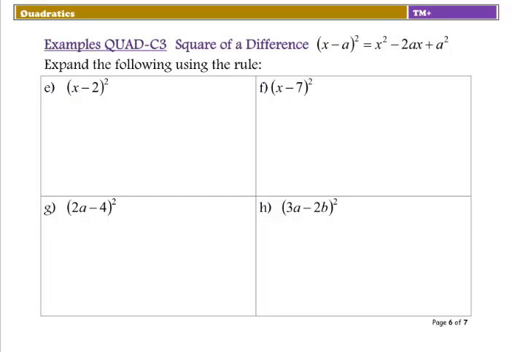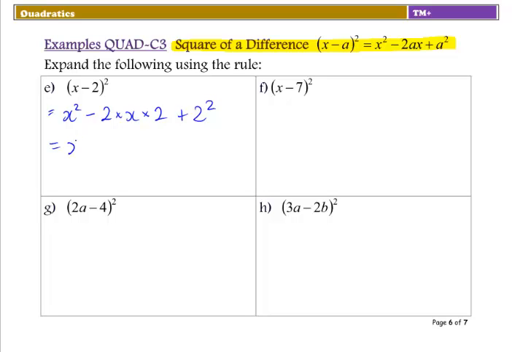Now let's look at some examples with the square of a difference. Okay, the only difference is we're going to have minus in our second term. So here, first term all squared, now minus 2 lots, multiplying the middle term. And then my last term all squared.